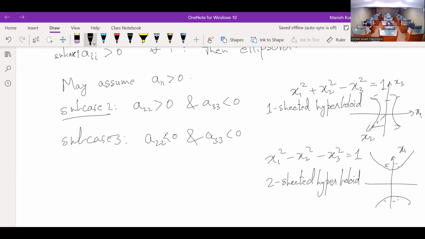If you fix x2 at a particular number, the other two axes are x2 and x3, and it doesn't matter which one you choose, since they both appear with a negative sign. If you fix one number there, you will see that the cross sections are hyperbolas.